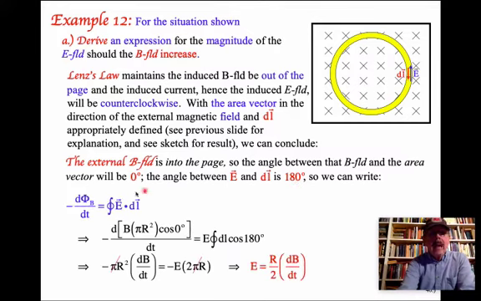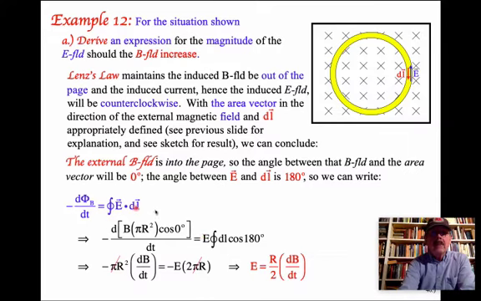So when you do the math, this quantity, B times A is pi r squared because it's a circle, and the angle between the two is 0 because they're both into the page. And for this, E, it's going to be constant, same magnitude everywhere around the circuit, so I'm going to pull it out of the integral.